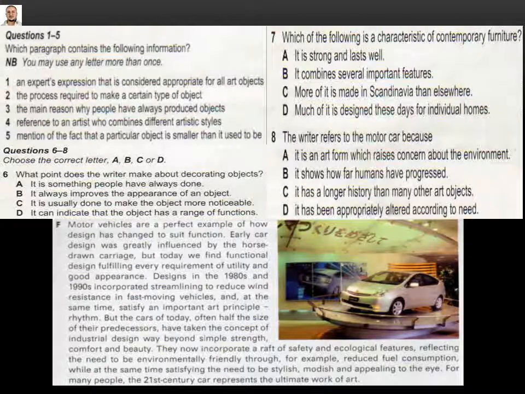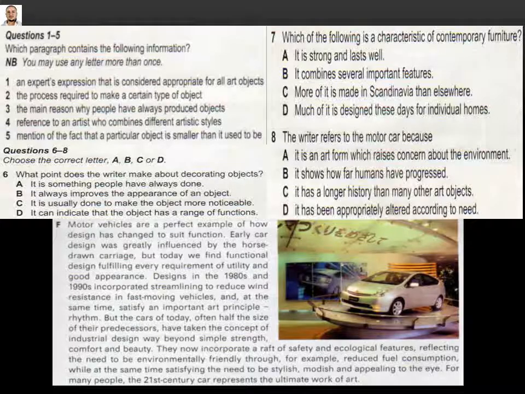They now incorporate a raft of safety and ecological features reflecting the need to be environmentally friendly, for example, reduce the fuel consumption while at the same time satisfying the need to be stylish, modish and appealing to the eye. For many people, the 21st century car represents the ultimate work of art.